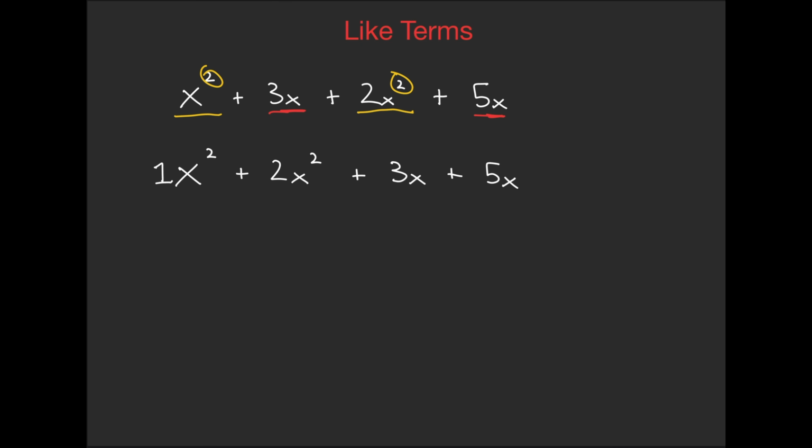So we can think of it as 1 plus 2 because they are like terms. And 1 plus 2 is 3. So now we have 3x squared. And now if we look over here, 3x plus 5x, 3 plus 5 is 8. So that leaves us with plus 8x. And that is the final answer once we've collected the like terms.